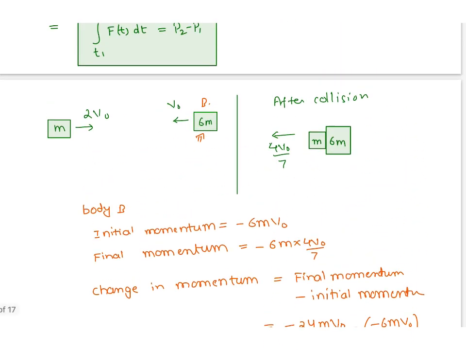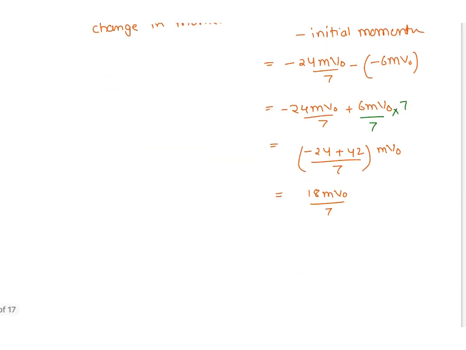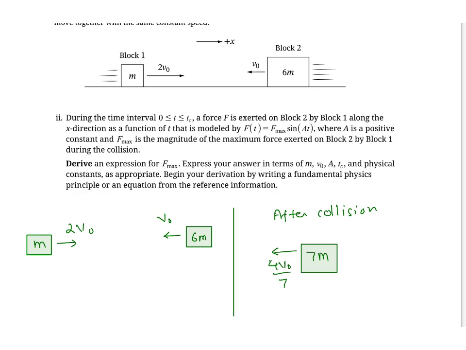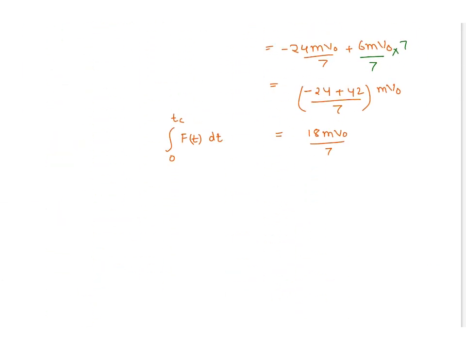And this, as per this relation, should be equal to the integration of F(t) dt, and then we have to apply the limit. The limit is from 0 to Tc. See, in the question itself, they have mentioned that the limit has to be applied from 0 to Tc. So this is our expression. And what was F(t)?